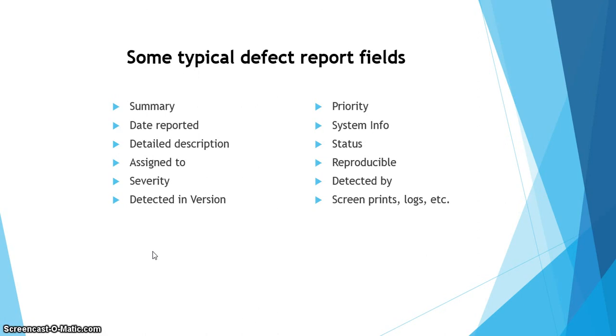In every project it is already decided when a new defect is logged to whom it should be assigned. The severity, detected in which version, the priority as well, the status which we have discussed earlier, which is new, open, etc., whether it's reproducible or not, and the screen prints, logs, etc., and whom it is detected by, the name of the tester.